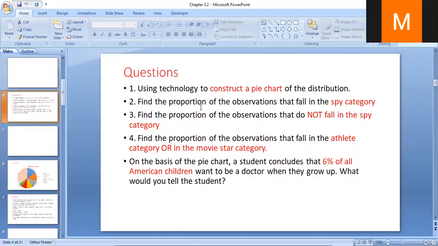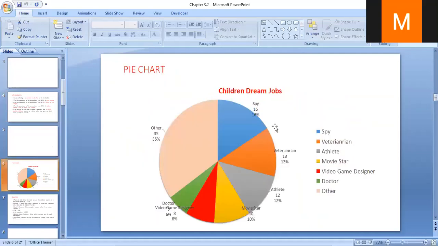Any question when you find the proportion of the spy category and the proportion of the not in spy category? When you look at the pie chart, that means 16% spy. And for not in spy, you take 1 and subtract 0.16. 16% is 0.16, and 1 minus 0.16 gives you 0.84. That is not in spy.